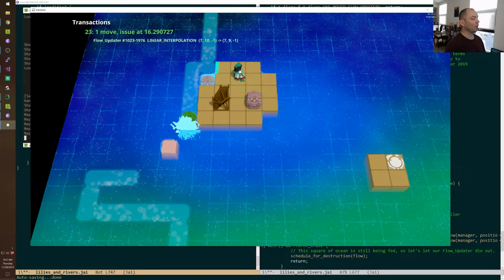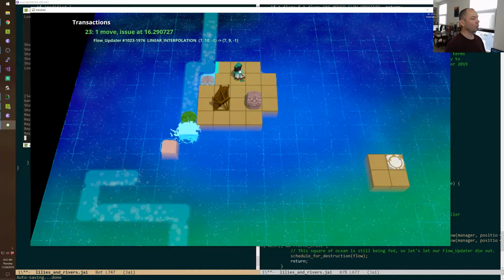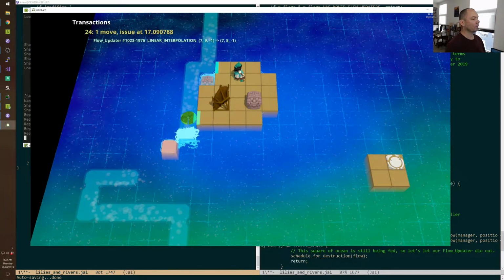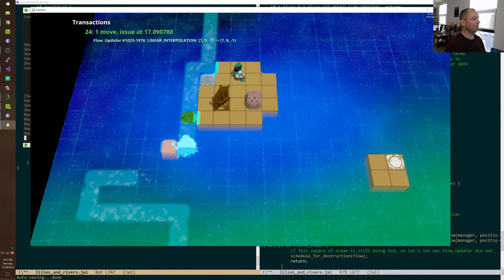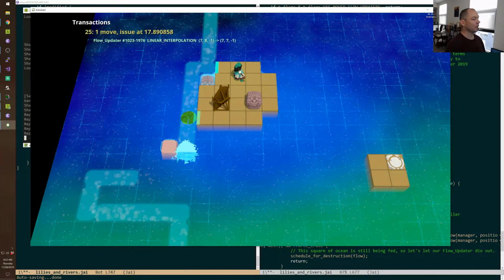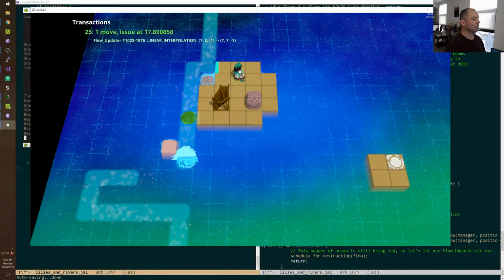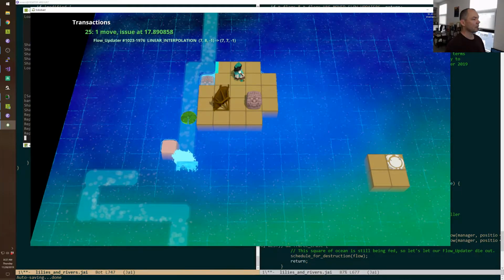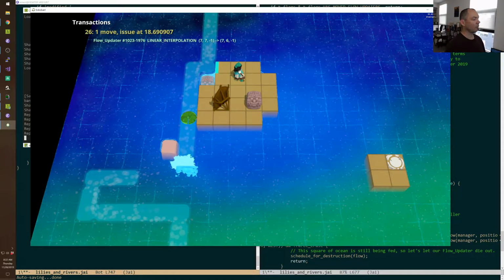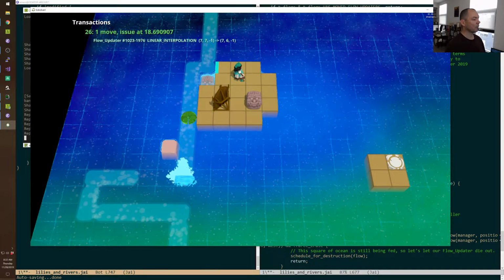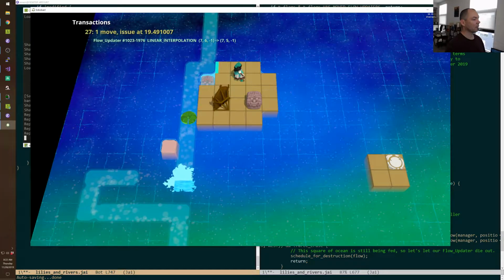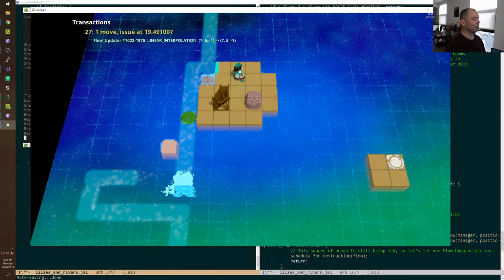So once this thing starts moving, which right now it's counting down its move delay, I guess it's got multiple move delays, which doesn't feel very good.